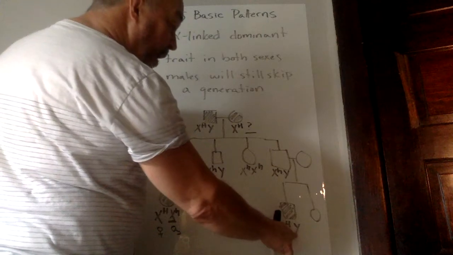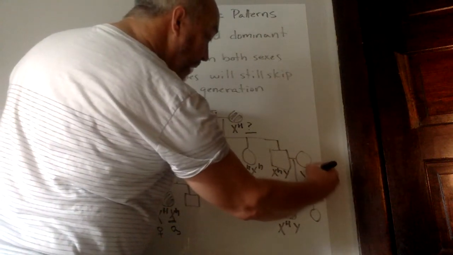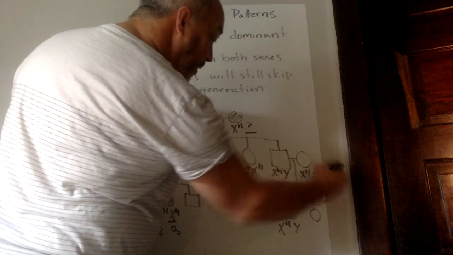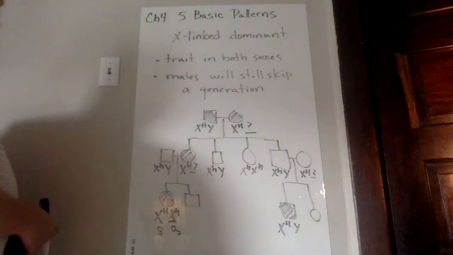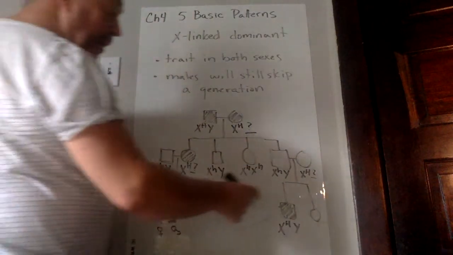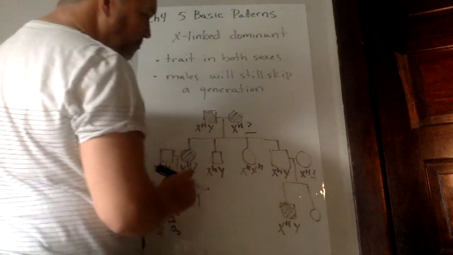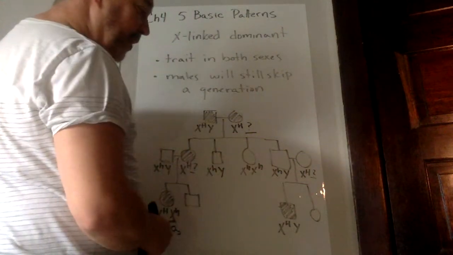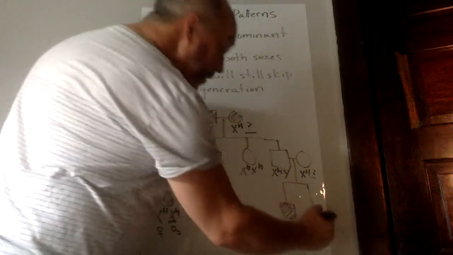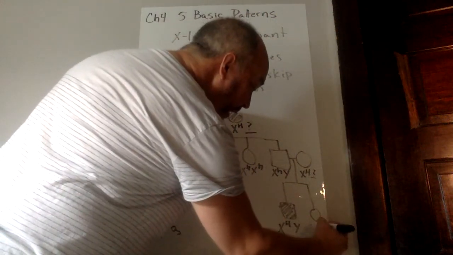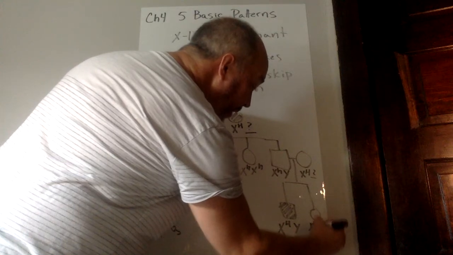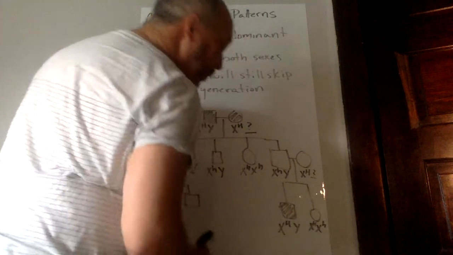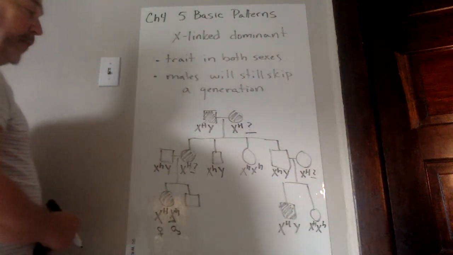Because they're going to pass on a Y here, we know mom also has to have a dominant that she got from mom. However, we don't know what the second one is. Nope, that one's still a mystery. Although this individual, we know that they got at least one recessive allele from dad, so they must have gotten the dominant from mom. So we do know that this individual is a heterozygote.